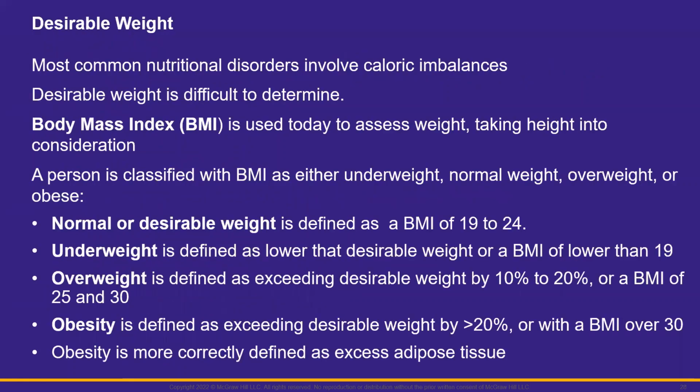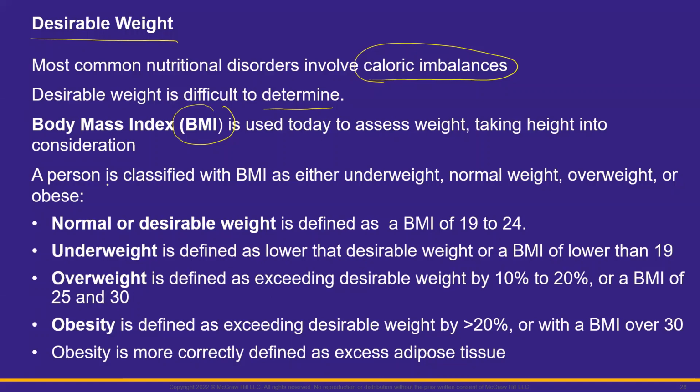Now, when we talk about desirable weight, this is the most common nutrition disorder involving calorie imbalances. Desirable weight is difficult to determine. Usually we use BMI to measure our desirable body weight.